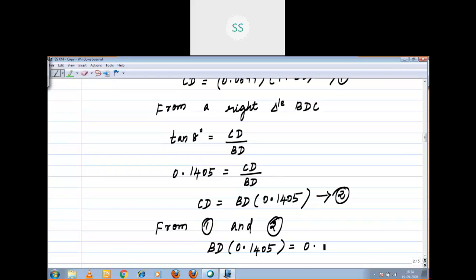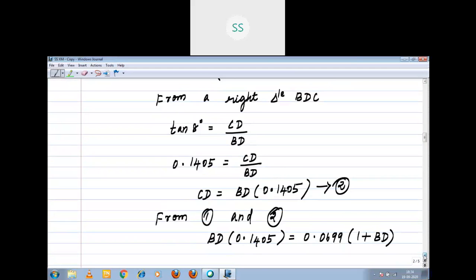This is your equation number 2. Now, equate 1 and 2 because both left sides have CD. So you can equate.